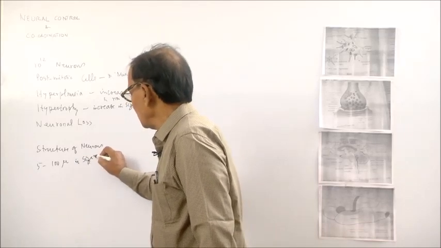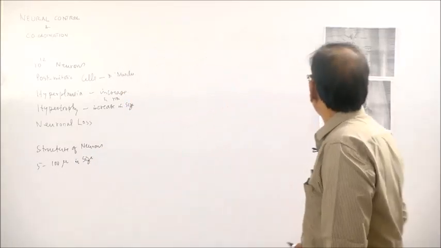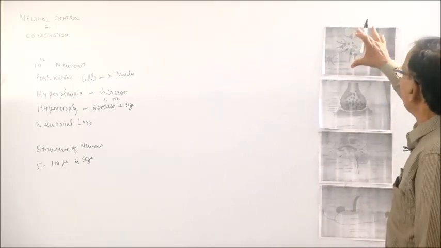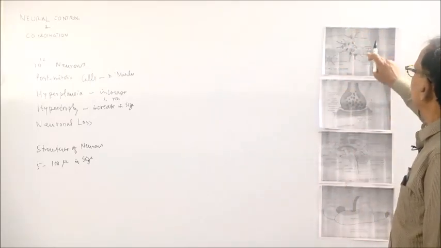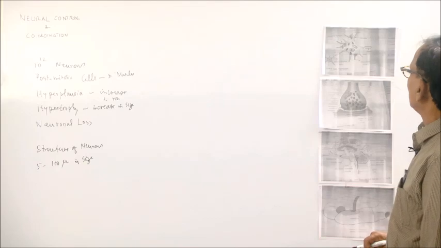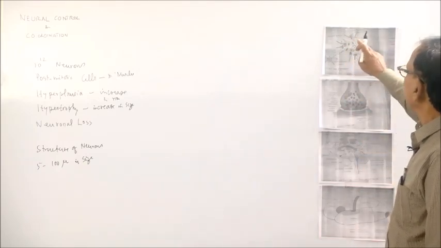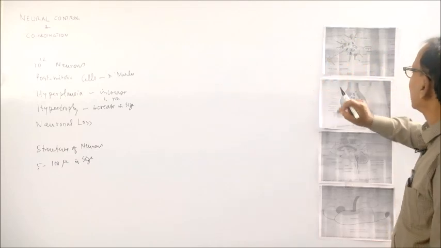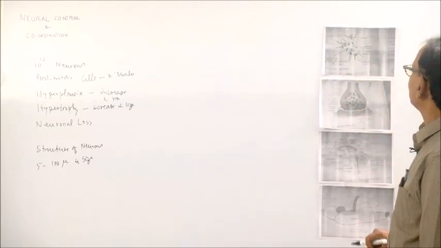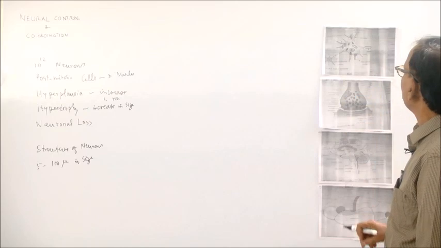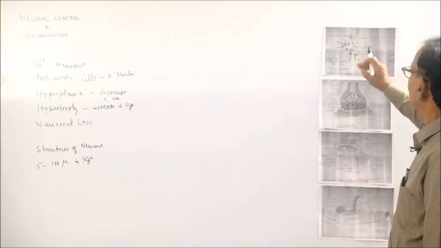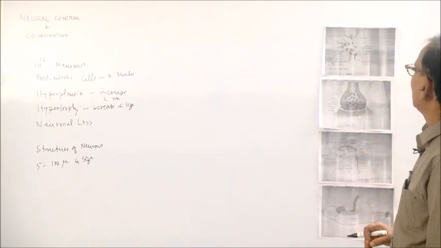And if you look at their structure, in this top diagram, this shows the structure of a neuron. There is a cell body containing all the intracellular organelles like the nucleus, the endoplasmic reticulum, the mitochondria, lysosomes, and so on.